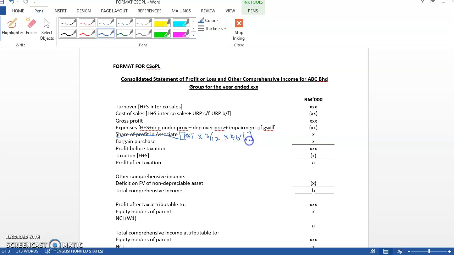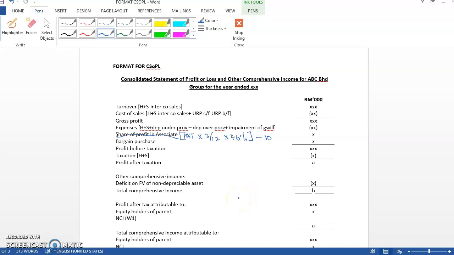Then after that, if you have impairment of investment, that is the impairment in the associate, you will deduct after this. Okay, for example, you have impairment of 10, so you deduct here. Okay, then you get the amount of share of profit in associate.